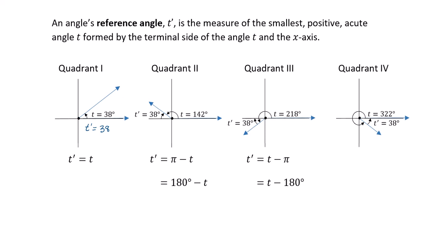So 38 degrees is my T prime. So in that quadrant, T prime is going to be equal to 2 pi minus T, or 360 degrees minus T, in order to find your reference angle if you're in degrees.